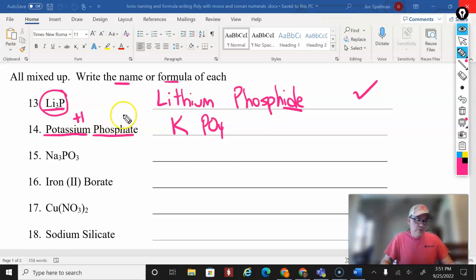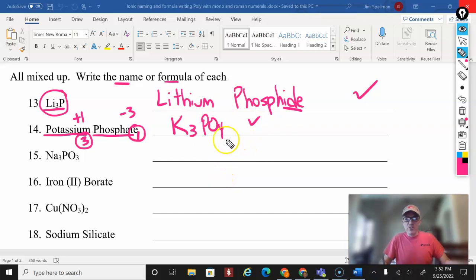If you look on your chart, phosphate is -3. So if I crisscross, the 3 ends up over here with potassium, the 1 ends up over here with phosphate. So the 3 is going to go here. The 1 would go after the PO4. Remember, this whole thing is just acting like one thing. But if I have a 1, then I don't write the 1 and I don't write parentheses, and I should be finished at that point.